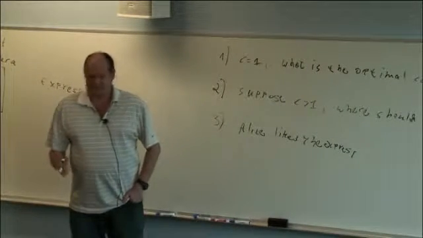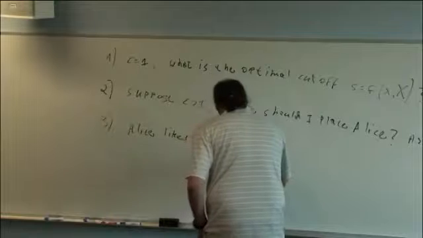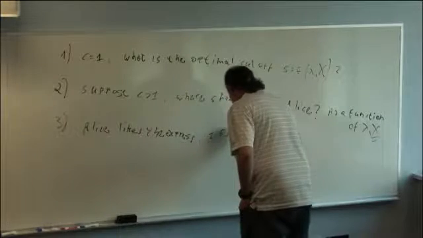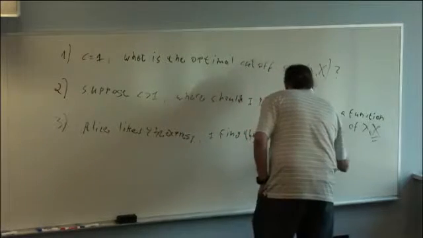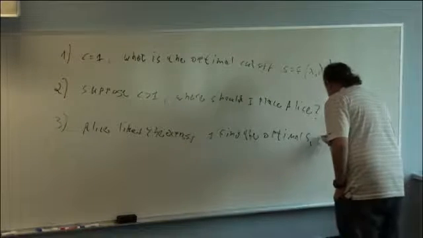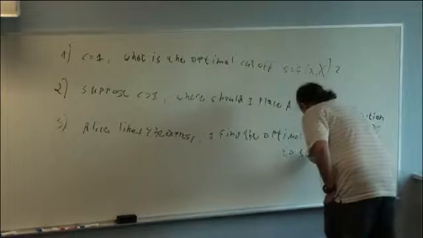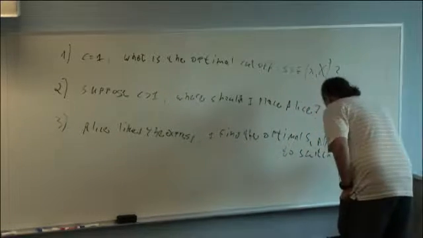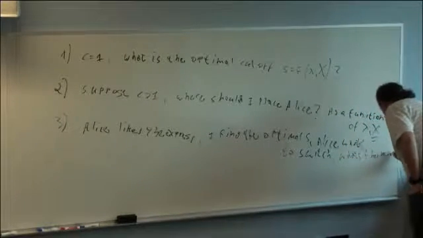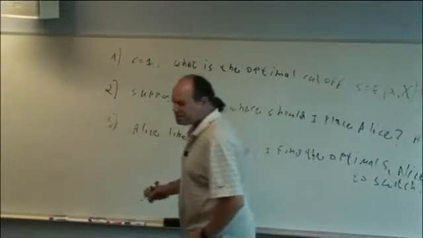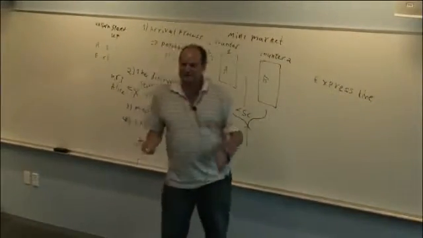And then Alice tells me she's tired of the express line, and she wants to switch. So what's the new S? Should I just throw away all my computations from the last month of trial and error, or can I somehow predict what the new S is?